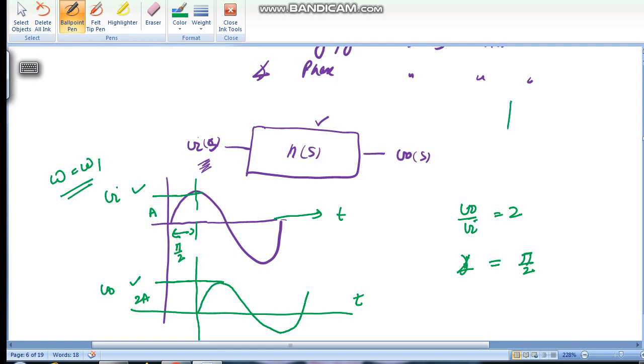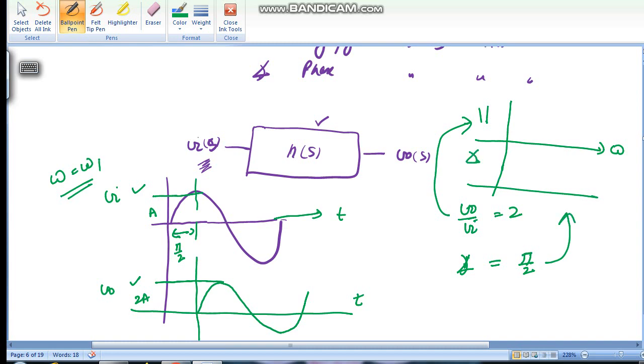For example, say our x-axis is omega, and this one is gain or magnitude, and this is phase. So how phase is changing with frequency actually. So this is the purpose of Bode plot.